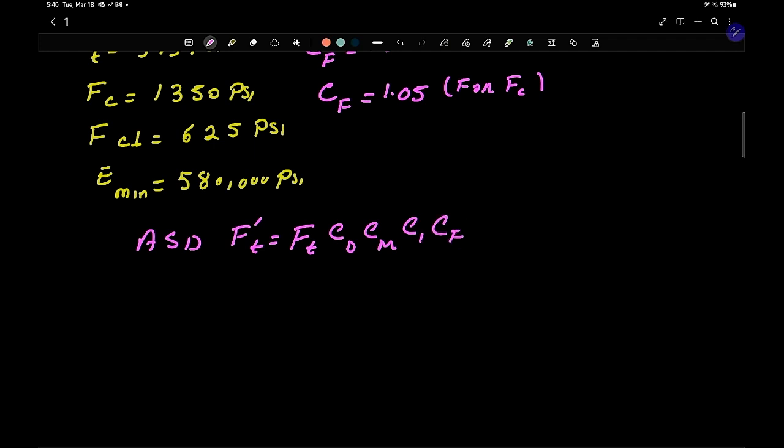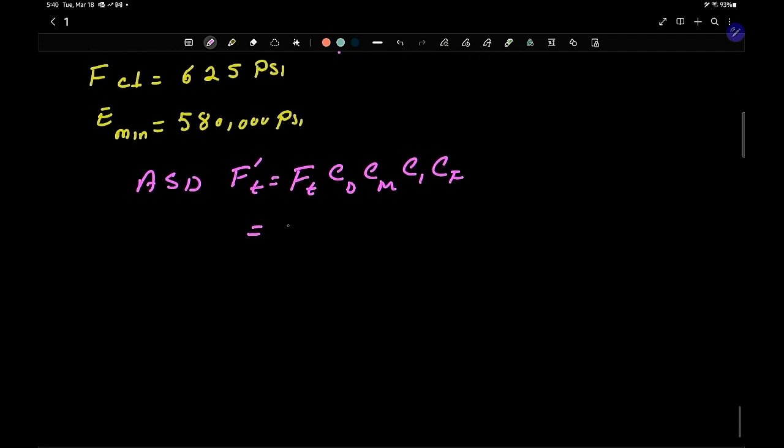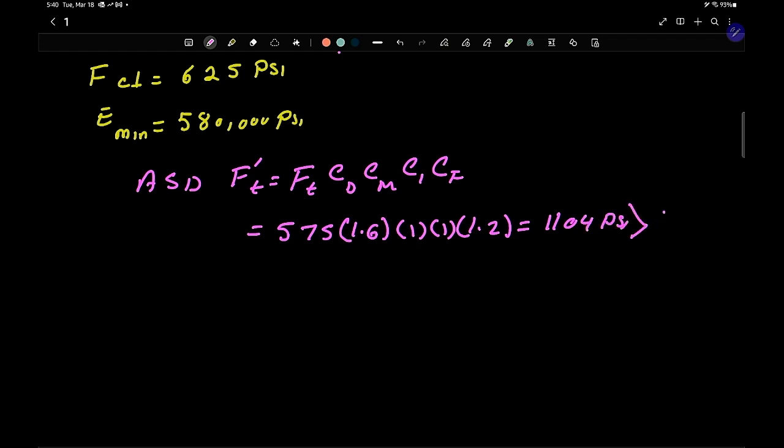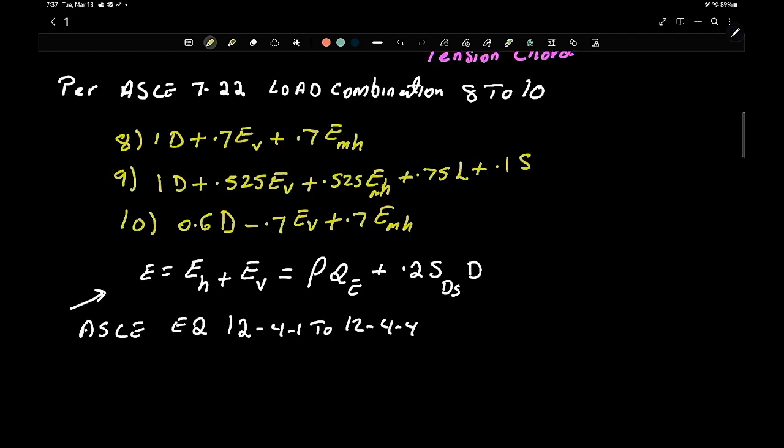We're going to plug it in, which is equal to 575, and CD is 1.6 for those load combinations, and then we have 1 times 1 times 1.2, and that will give us 1104 psi, which is bigger than our 598 caused by the load, and we are okay.